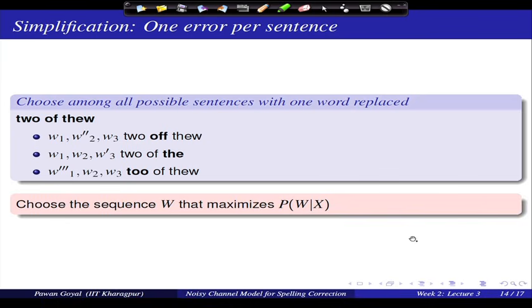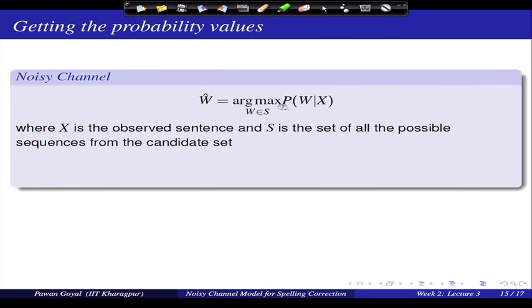Now, once we have this assumption, we want to find the sequence W that maximizes the probability of W given X. So I can again try to use my noisy channel model. How? Find the sequence W hat that maximizes P(W given X). X is my observed sequence and W is one of my candidate sequences, and we know how to find the candidate sequences.